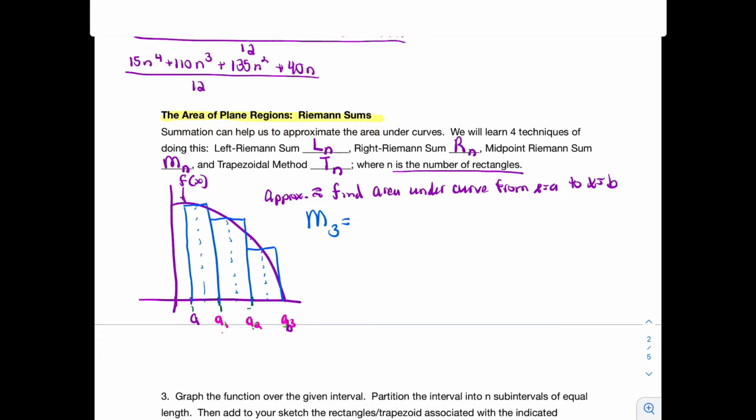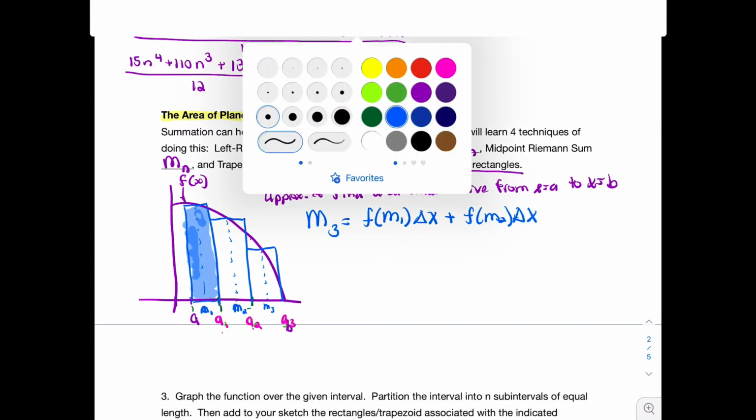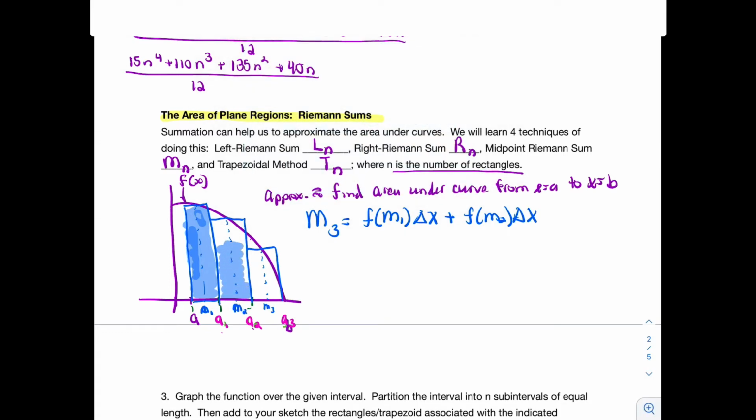All right, so how would we figure out the area of the first rectangle? So the area of the first rectangle is still height times width. Okay. I'm going to call these midpoint values M1, M2, and M3. So we're going to find the function value evaluated at M1 times the width of delta x, plus the function value for the next rectangle is the function value at M2 times delta x, which is this area.